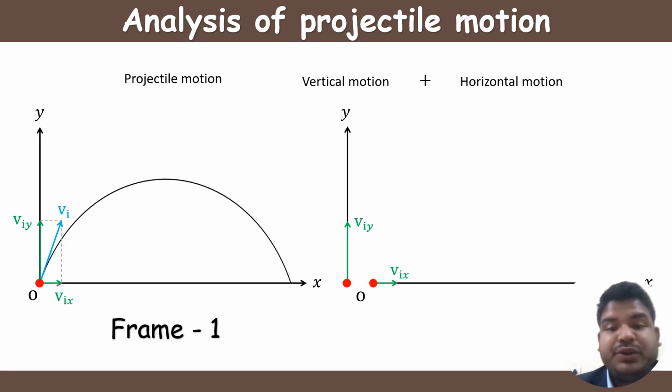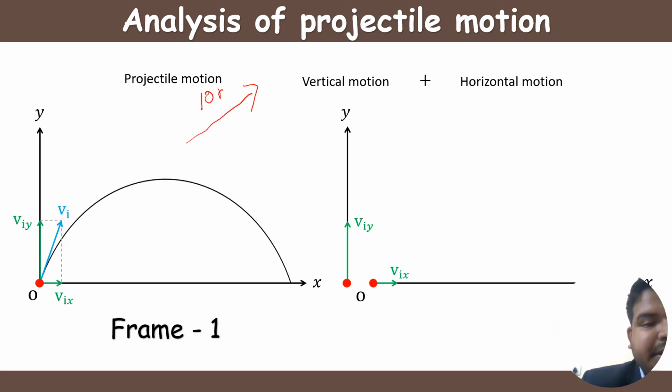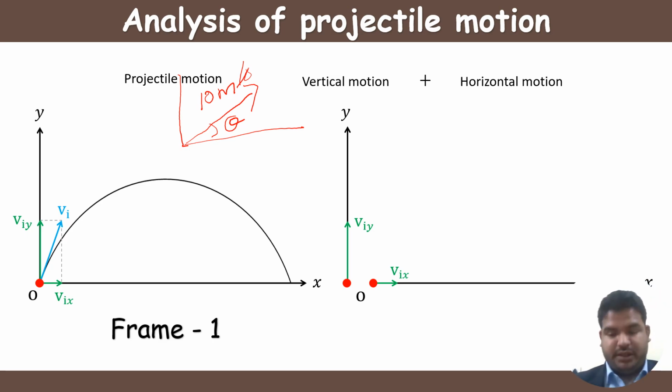Analysis of projectile motion and vertical motion. Let us see. Suppose you kick the ball with a velocity of 10 meter per second through an angle theta.